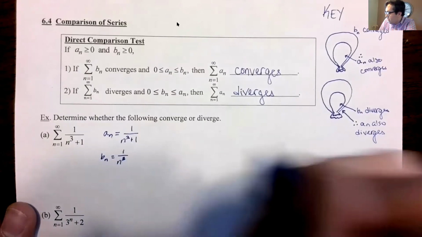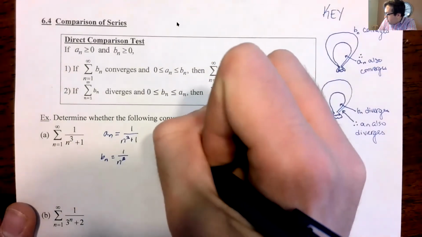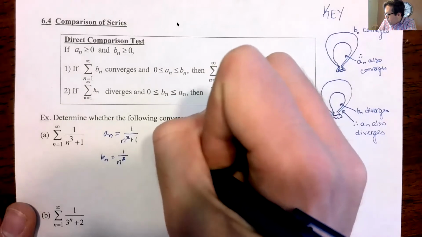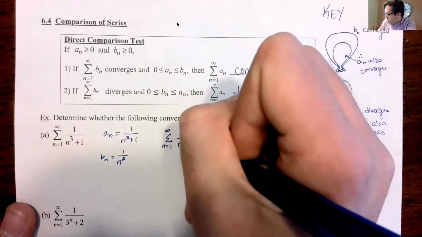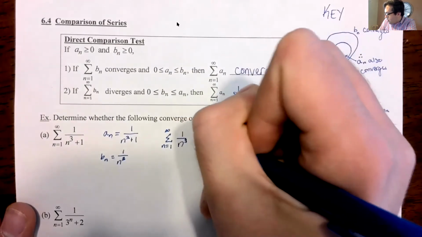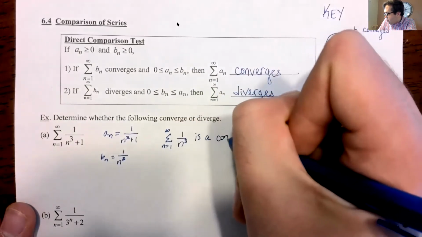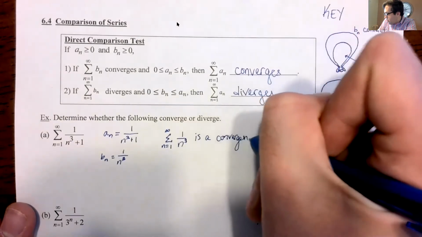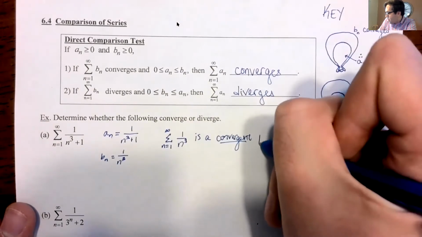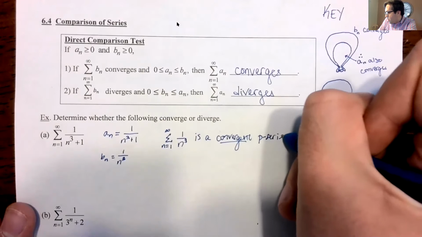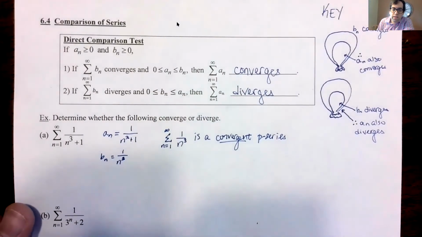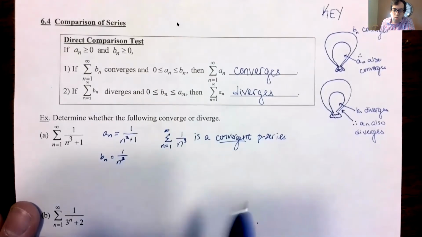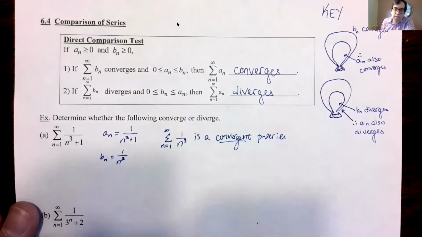So let's try that. The first thing I'm going to do is list out that the series for 1 over n cubed is a convergent p-series. And so now we'll have to define certain series as convergent or divergent within our work to show whether our new series or our original series is convergent or divergent.